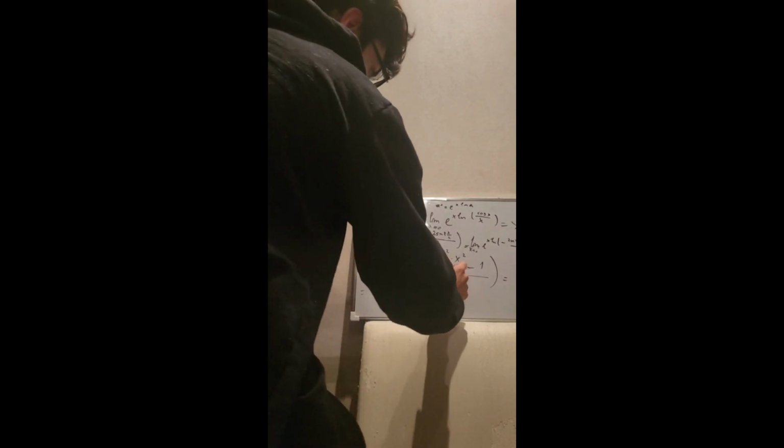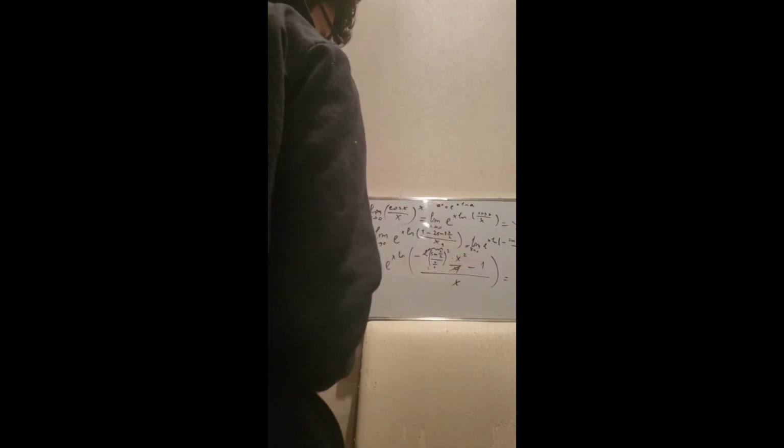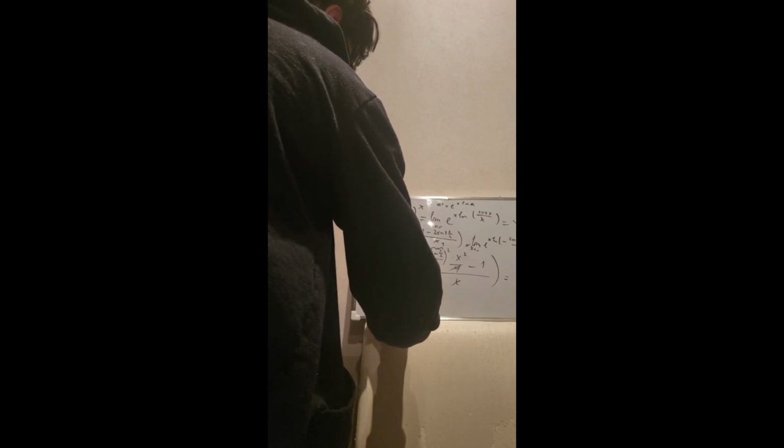So let's divide here. Here it's going to be 1. So it's going to be just limit x approaching 0, e power of x ln, x squared over 2 minus 1, over x.